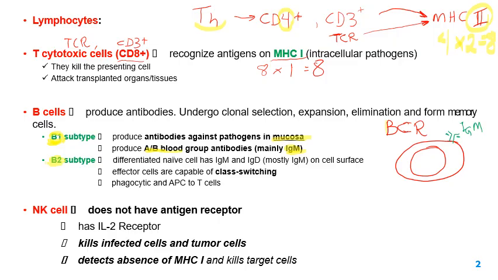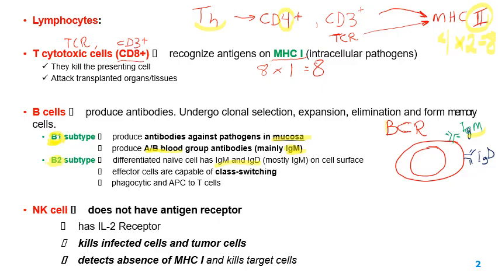Okay, and the cell is also going to have this other antibody, also a B cell receptor, called IgD. So these B cells are mainly going to have IgM, but they're also going to have some IgD on the surface. Okay, and that's your naive B2 cell.